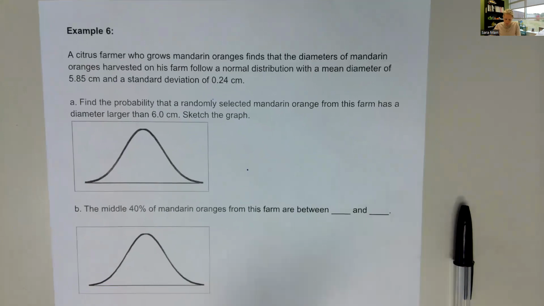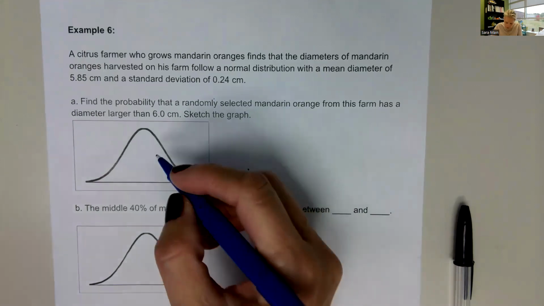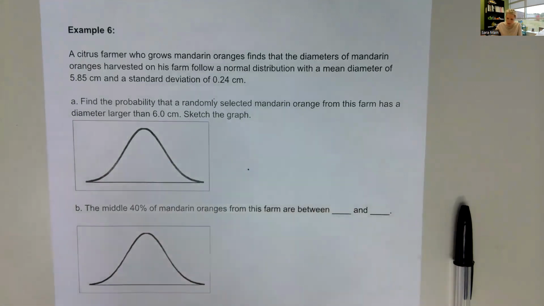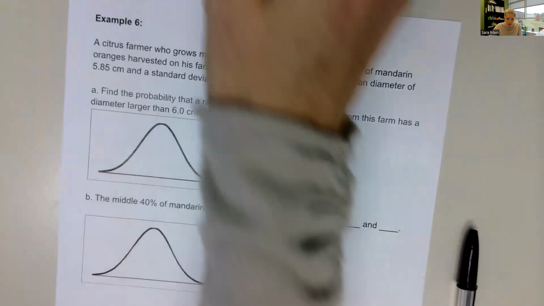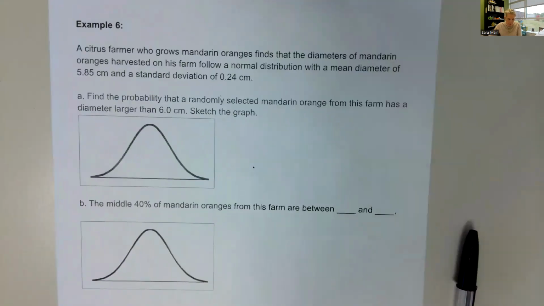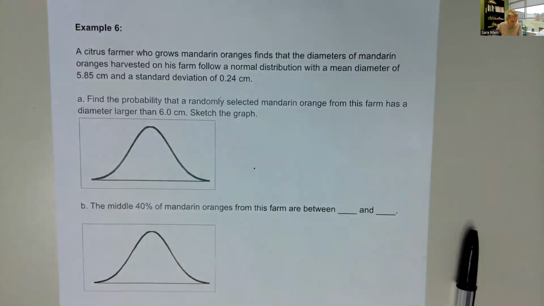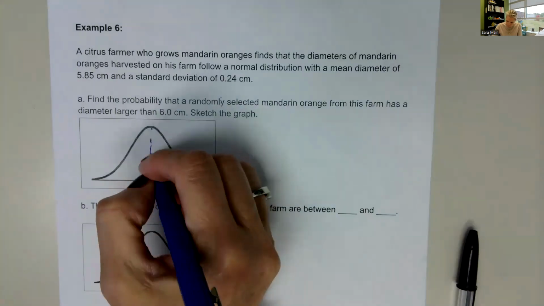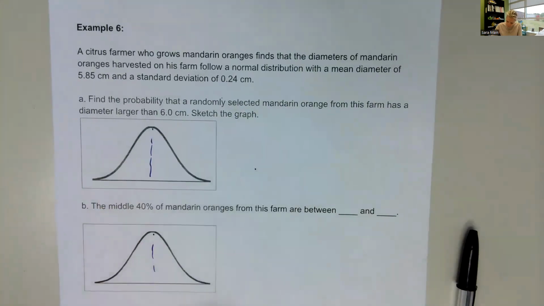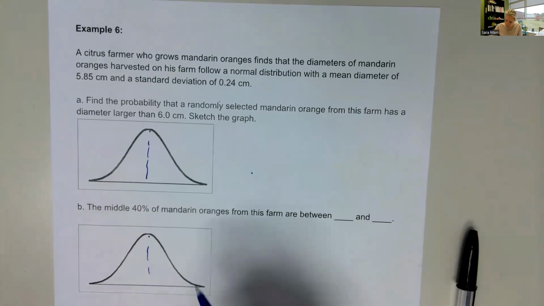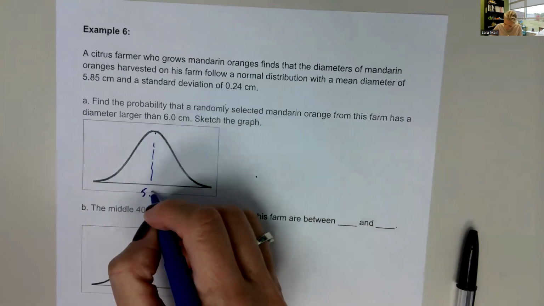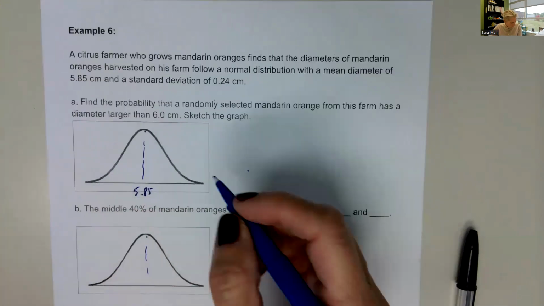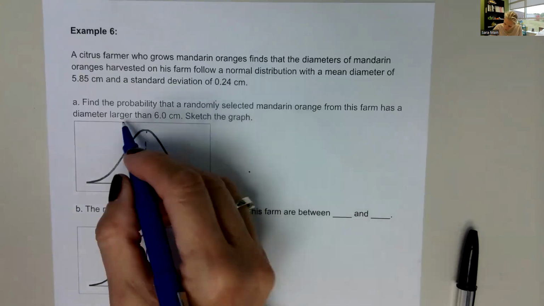So I'm going to just do these 3 without going to Desmos. Hopefully you've had enough practice on Desmos that you can do these. Why don't you pause it for a minute, work on this, and come back and see if you can check your answer against mine. So, no bigger than 6.